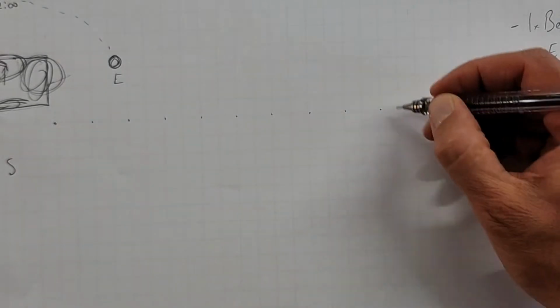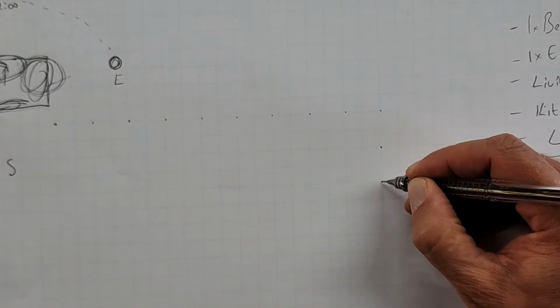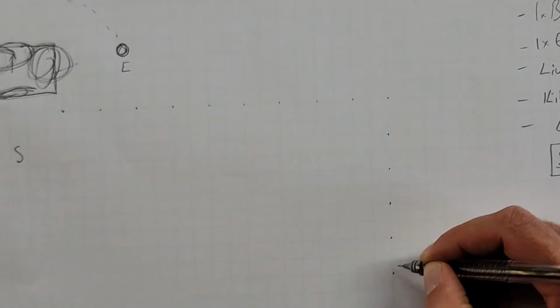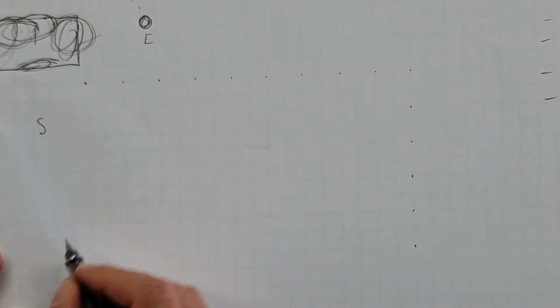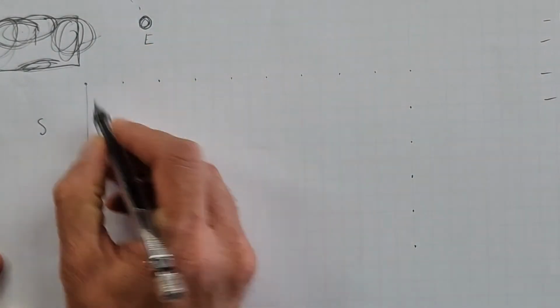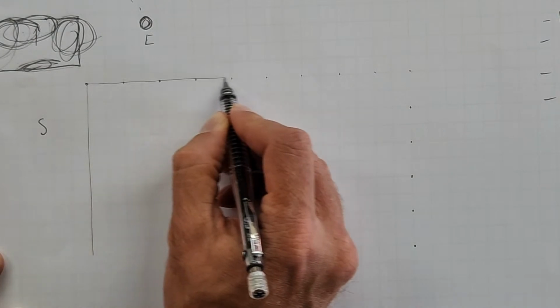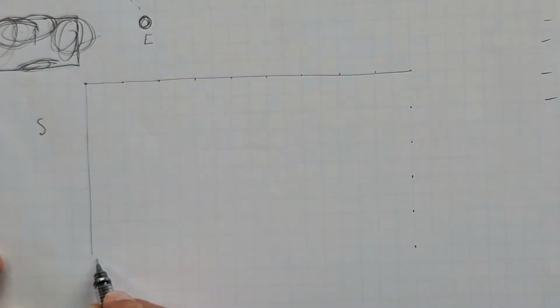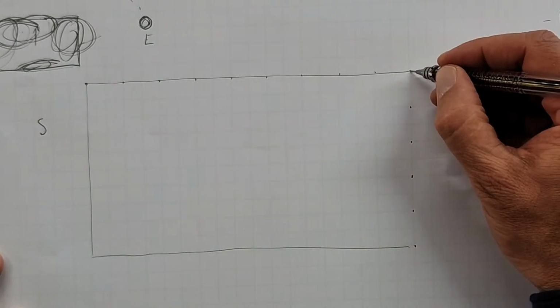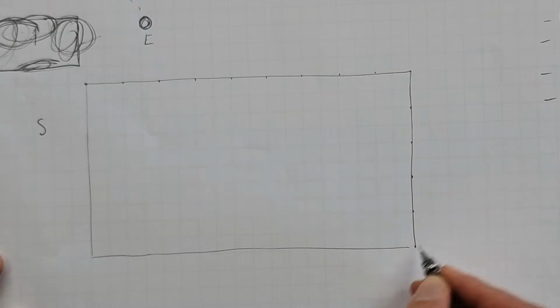That would be 9 meters, and then 1, 2, 3, 4, 5. Okay, so I'll start off with just the outline in construction lines, just drawing the confines of my outer side.